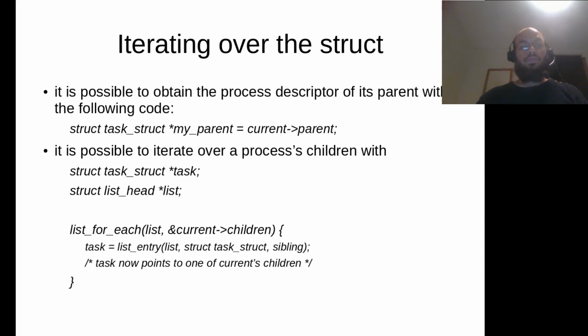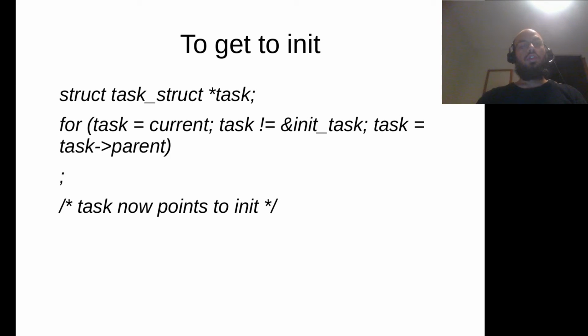Yep. So this is basically the code you would need to go through the children of the current process that is running. So that means you can iterate from the top to the bottom. And to get to init, it's actually quite simple.